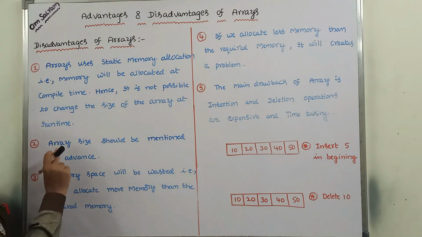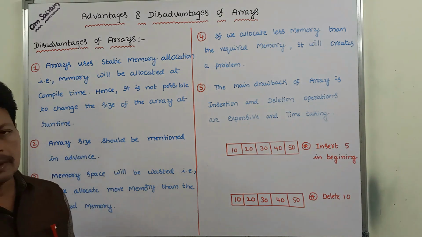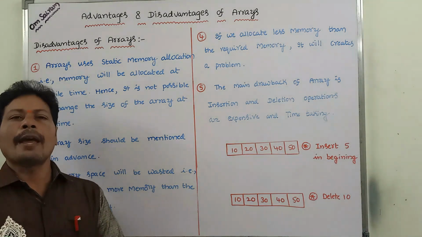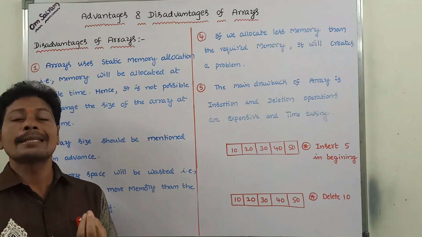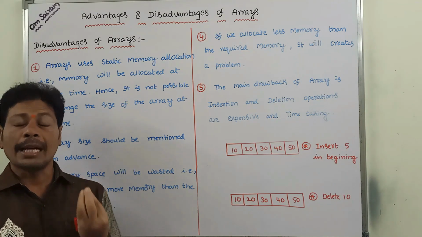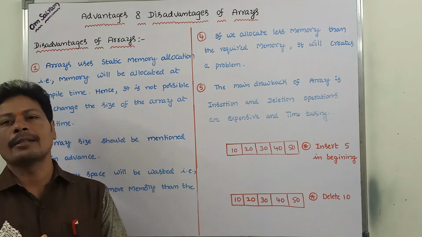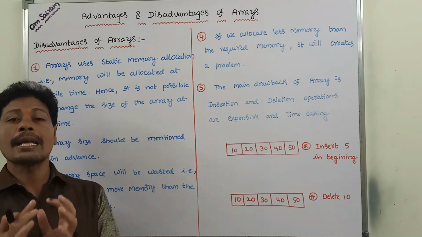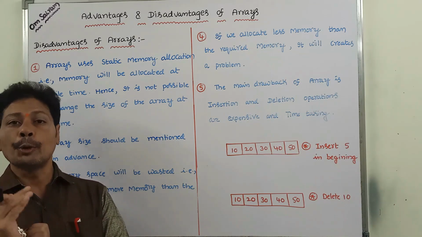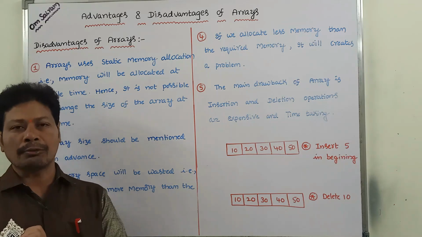Second point, array size should be mentioned in advance. In the case of arrays, the array size is fixed. That can be mentioned while declaring the array, so the array size should be known in advance according to our requirement.